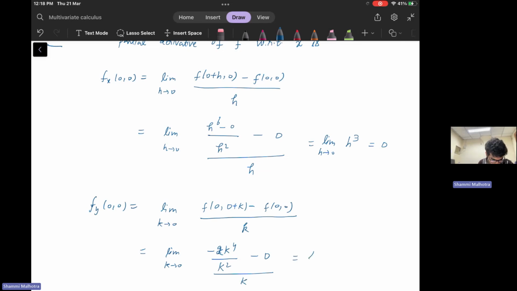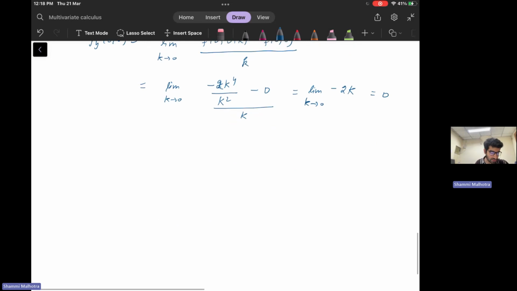And this is nothing but limit k tending towards 0 of minus 2 times k only, and this will be 0 only. So again the partial derivative with respect to y is 0 only.